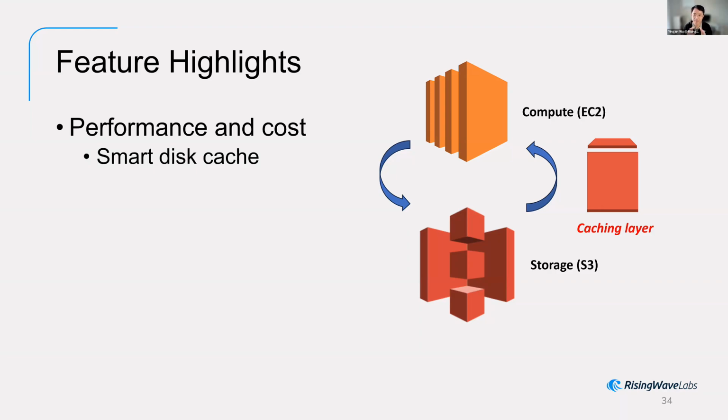But I have to say that 95% is definitely for a pretty heavy workload. If your workload is not heavy, you probably won't access S3 so frequently, and in that case you probably don't need such a feature. So all these performance improvements and cost reductions can vary depending on your workload.